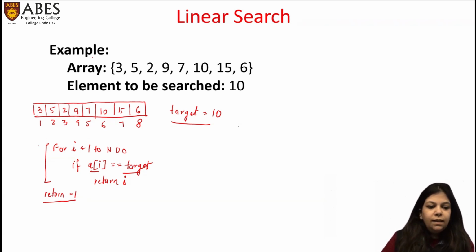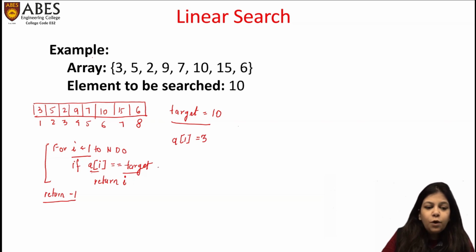So let's see how this algorithm works for the example that we have taken. In the first iteration, the value of I will be 1 and the value of A1 is 3, which is not equal to the target value.